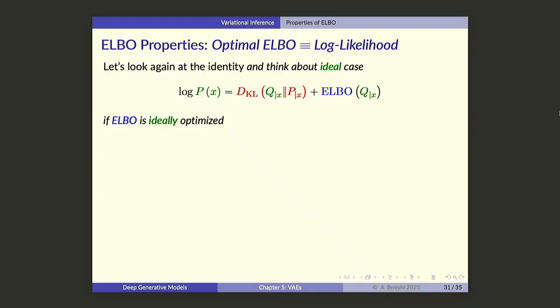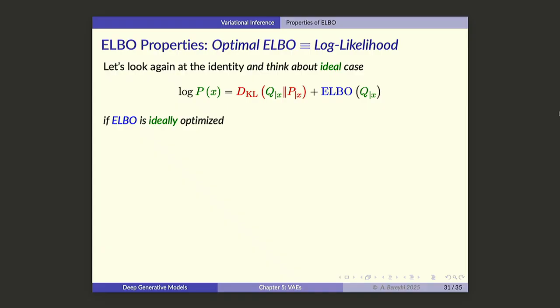The bad KL, the red KL, is going to be minimized. And what is the minimum value of that? It's 0, right? If Q could be any distribution, then it's eventually going to be the posterior distribution, and the KL is going to be exactly 0.